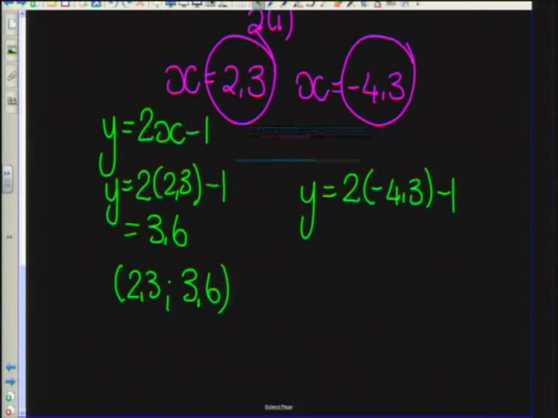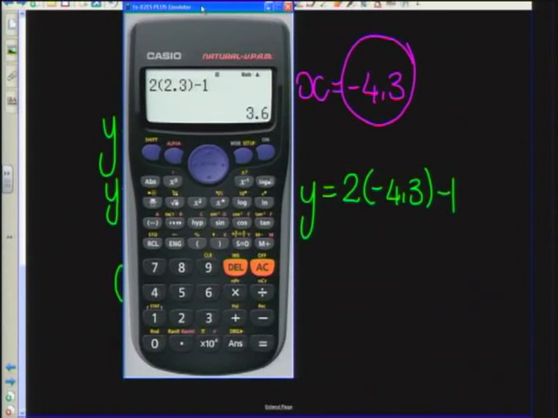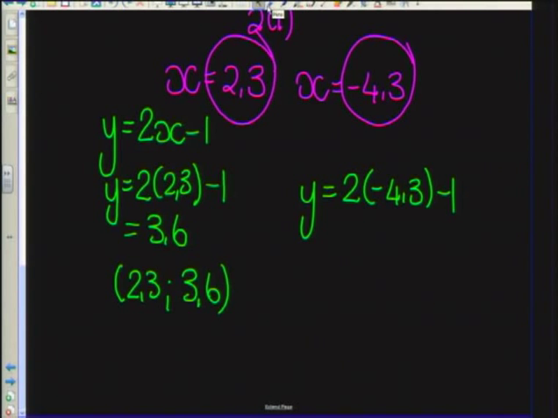Let's clear that over here. So we're going to say 2 multiplied by negative 4.3 minus 1 equals negative 9.6. So the coordinates of that point of intersection were negative 4.3 and negative 9.6.